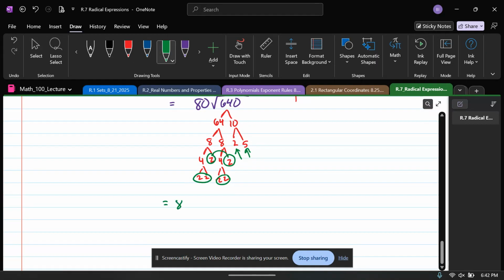So I've got the 80 that was there to begin with. I've got 3 2s. And then underneath the radical, I got 2 times 5. So that simplified quite a bit there, because all I've got left in the square root is a 10.